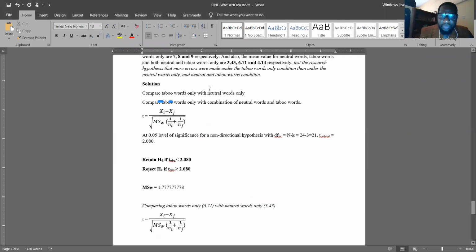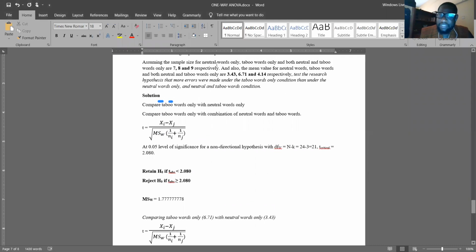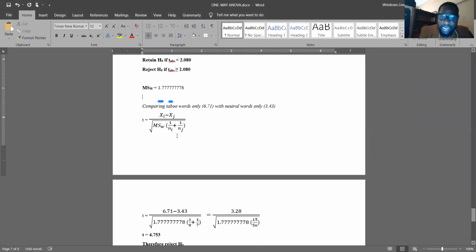We assume that the sample size for taboo words only is 8. Then the sample size for neutral is 7. So it means in here, it will be 1 over 8 plus 1 over 7.